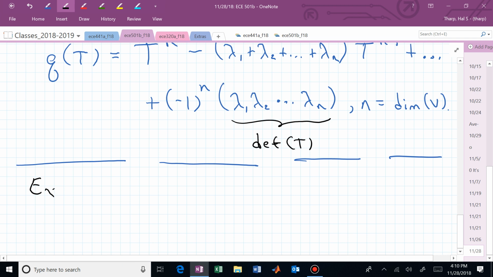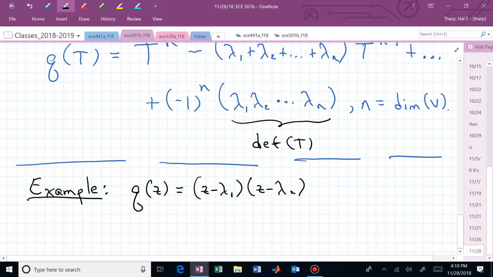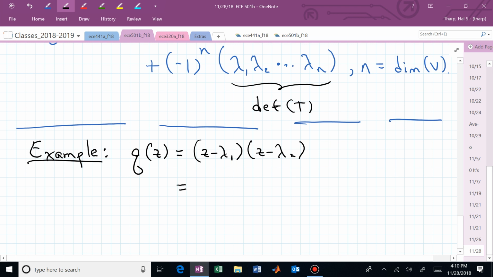Let's just look at a very basic example. Suppose now that we looked at a polynomial that is just second order, and so we have two linear factors, z minus lambda 1 and z minus lambda 2. This is easy enough to visualize, we can do this in our head. This is now z squared. If we apply FOIL, have we talked about FOIL, or was that in another class?